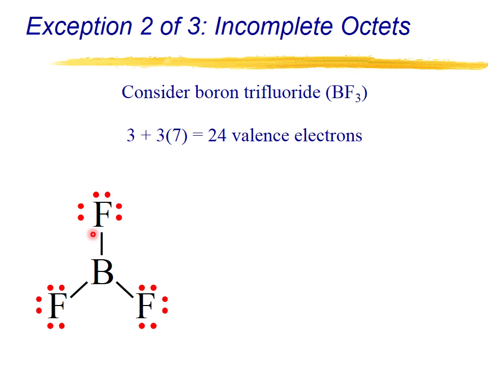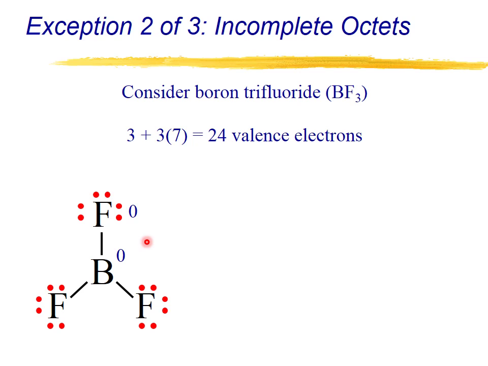There is a full octet on the fluorines, but not on the boron. To give some practice, the formal charges are also 0. You can assign 7 electrons to any of the fluorines. That's what fluorine usually has, so no formal charge. Likewise, you can assign 3 electrons to boron by formal charge counting. Boron usually has 3 valence electrons, so there's no formal charge there.